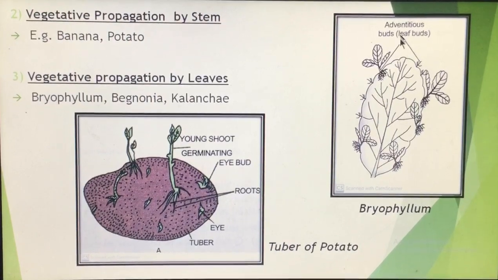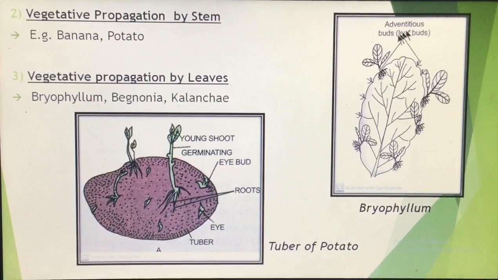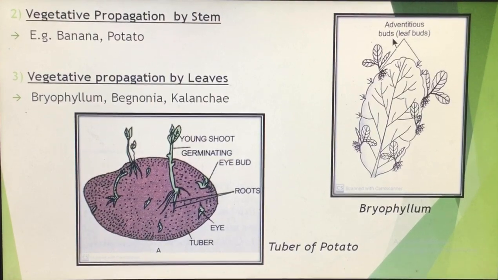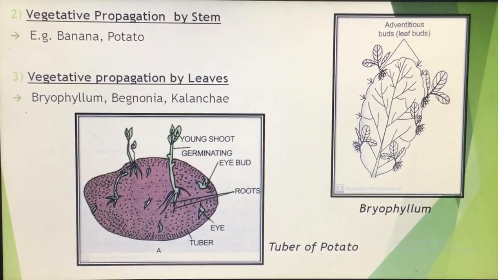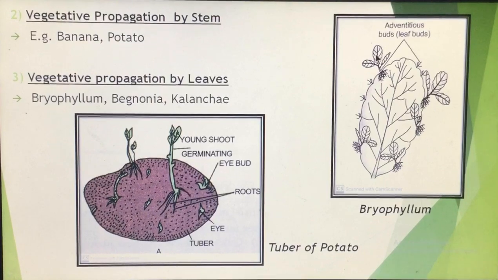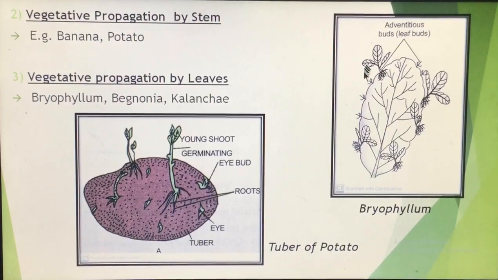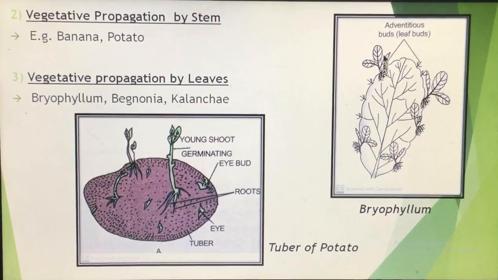ये इसको leafy bud भी बोलते हैं, क्योंकि bud-like structures develop in the tuber, potato में भी, but उनको क्या बोलते हैं, eyes. Okay, so these leafy buds develop in the notches of the leaf of the Bryophyllum, and from these adventitious buds of the Bryophyllum, a complete plant develops. ये देखो ऊपर leaves बन गए हैं, नीचे जो है roots बन गए हैं, and when this bud, having one or two leaves and some roots, gets detached from the leaf, it gives rise to another plant.